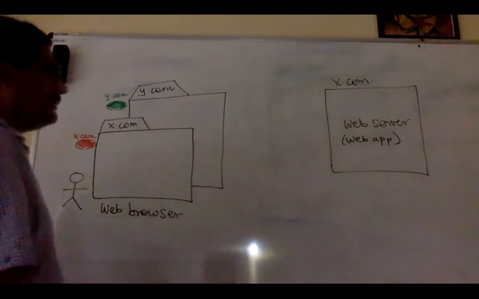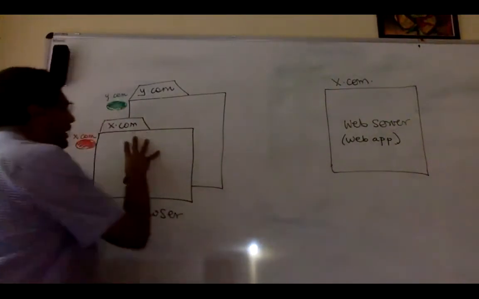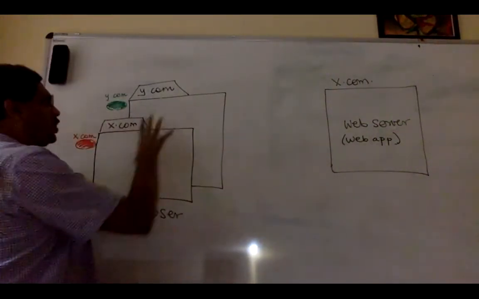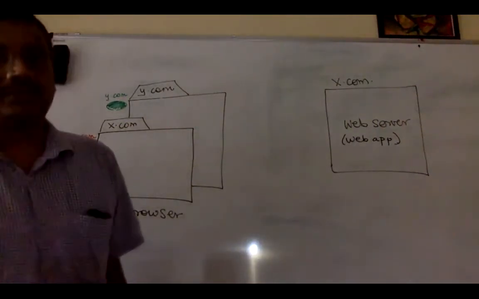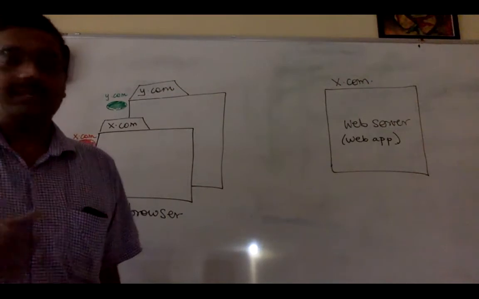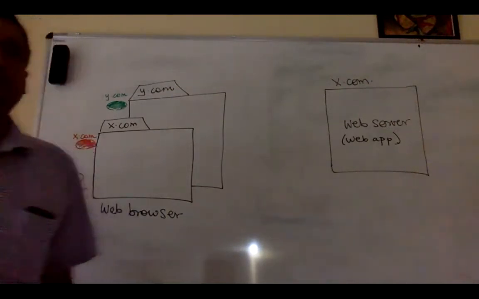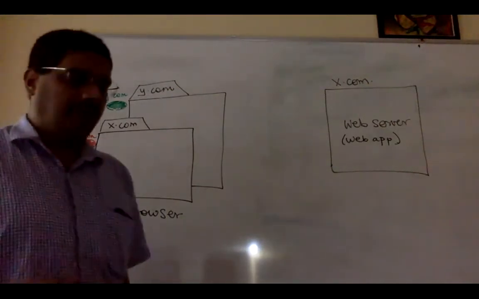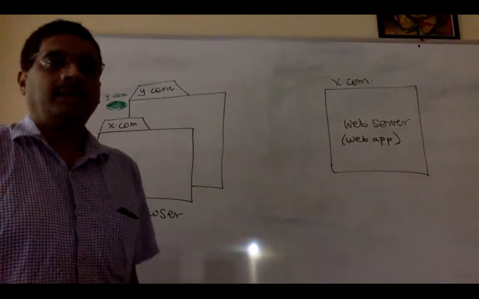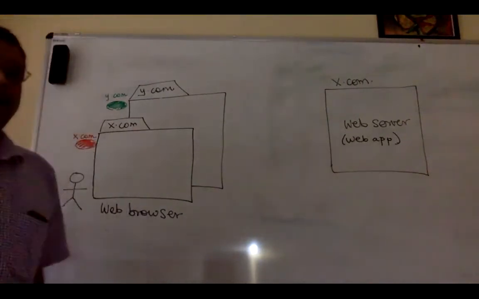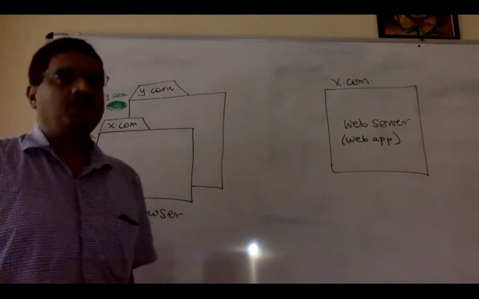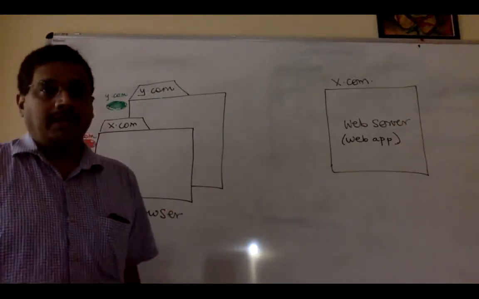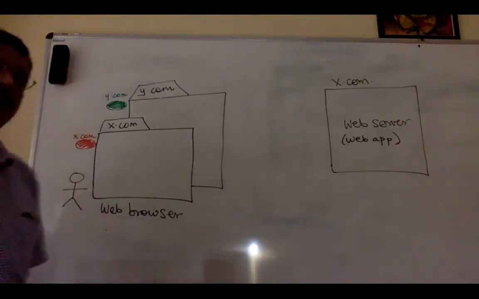But before we talk about that, it is also important to understand that a web page from x.com or y.com does not just contain content from x.com. And this is all the more true in today's web ecosystem, where if you go to, for example, a news web page, let's say you go to bbc.com and fetch news content from bbc.com, you are not just getting content from bbc.com.